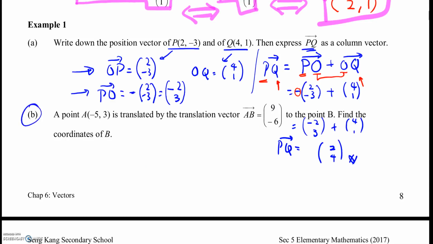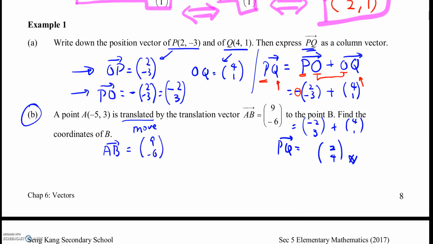B is translated to this vector. Translated means move by the translation vector of this. Now, do you know what it means? So, can you help me write this?